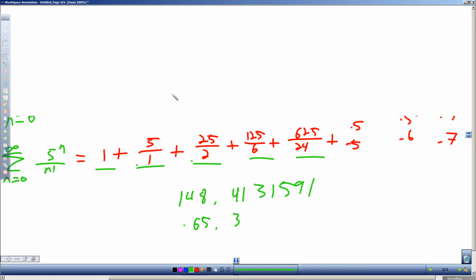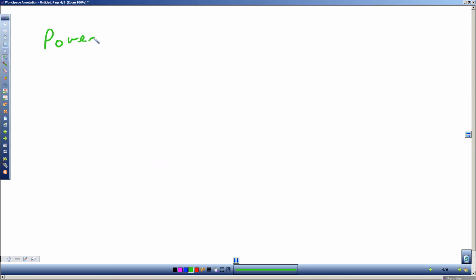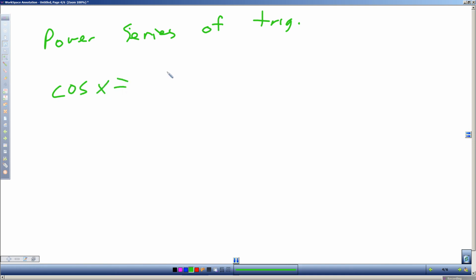Now, power series. We talked about that. Now we're going to talk about power series representation of trig. So, cosine of x is equal to the sum from n equals 0 to infinity of -1 to the n, x to the 2n over 2n factorial.